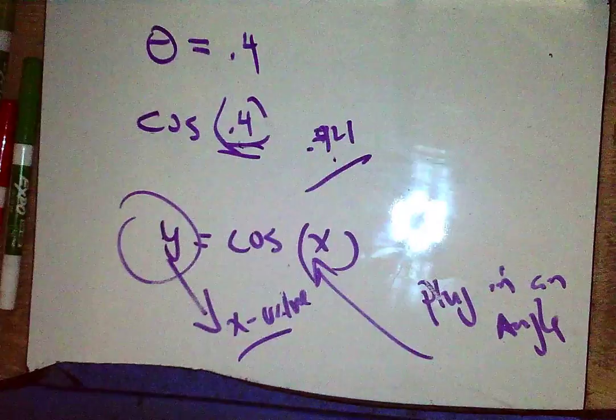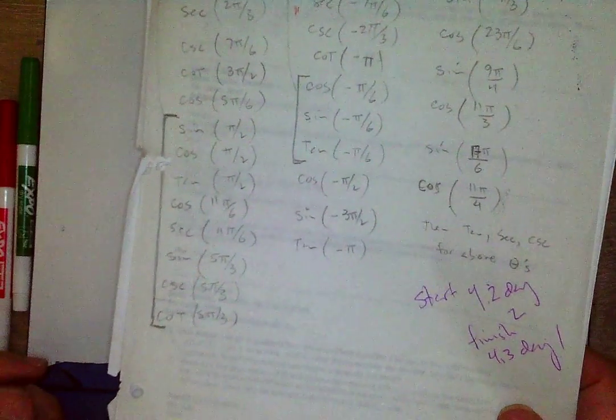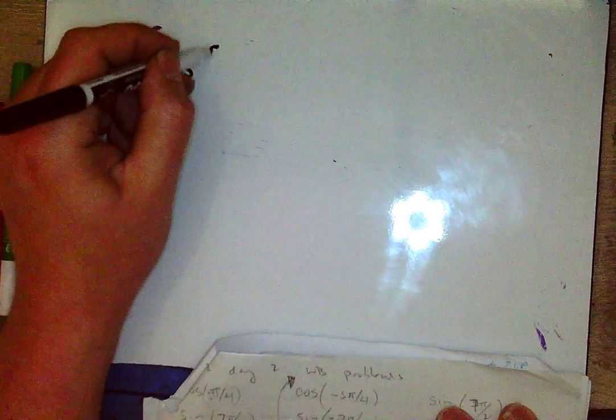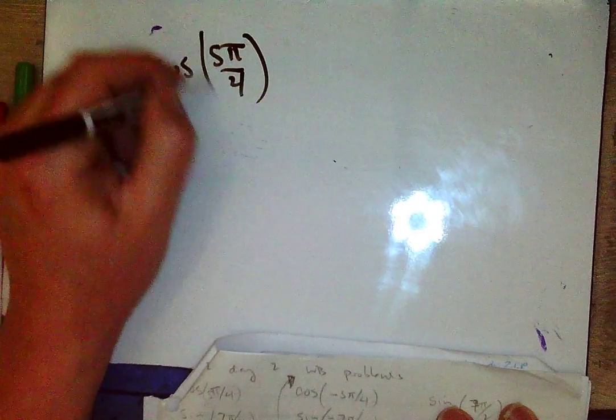So now I'd sort of like to do some high-speed stuff. So let's see how quickly we can do these. I believe this is the last thing I want to do, but it's a bunch of problems. Okay. Whoa, look at them all. Okay, cosine 5 pi over 4.